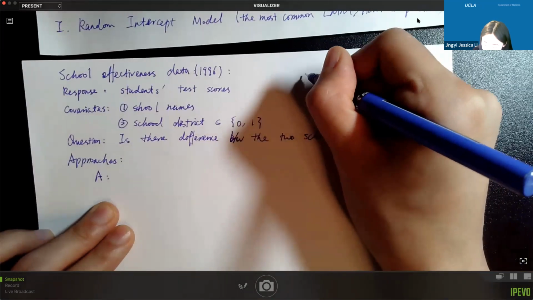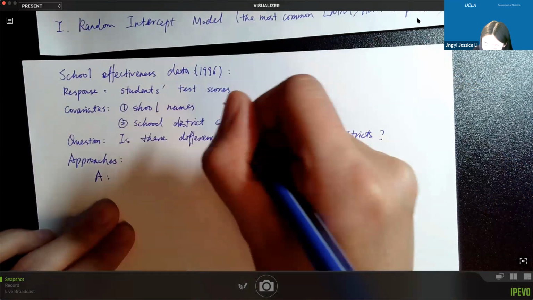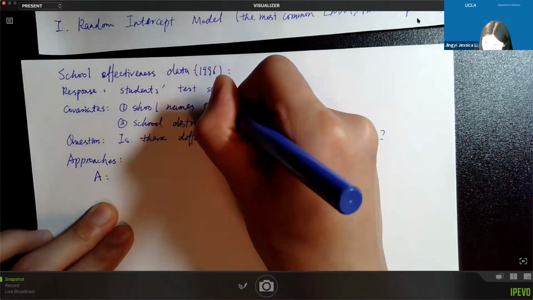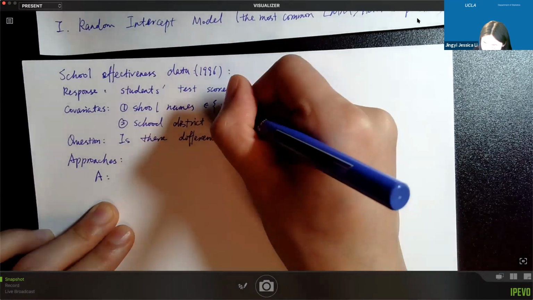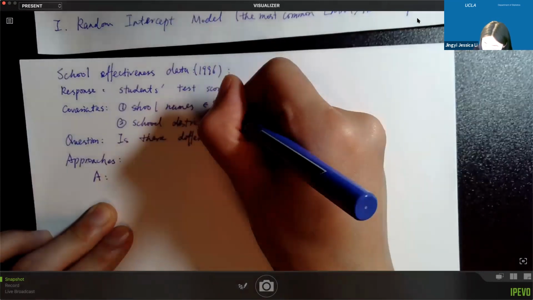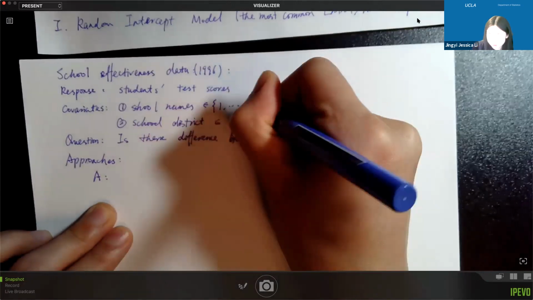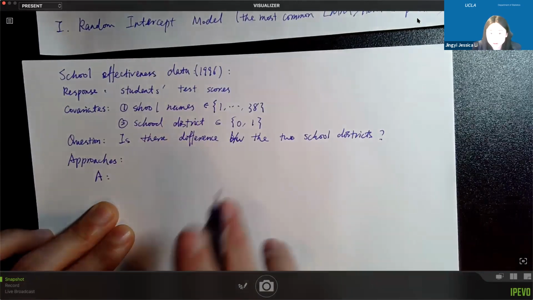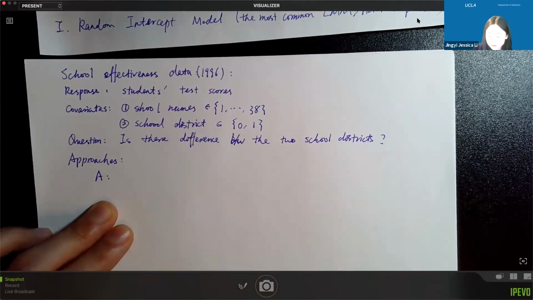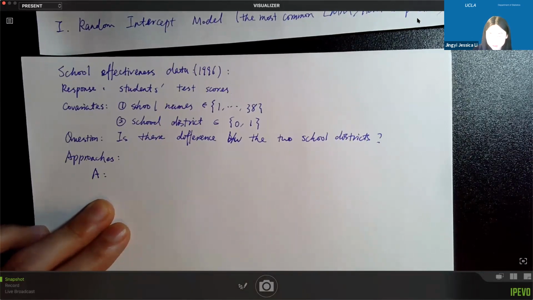To the school names, I should say here we have 38 schools. Okay, so I'm going to denote this as 38. This is a categorical variable. This is also a categorical variable. So we have two categorical variables or two factors here.